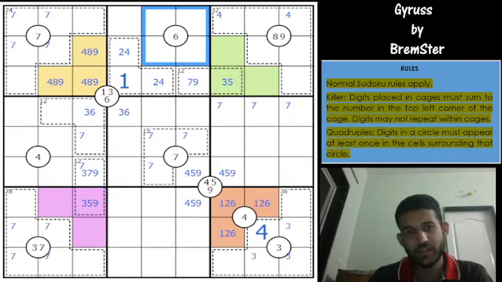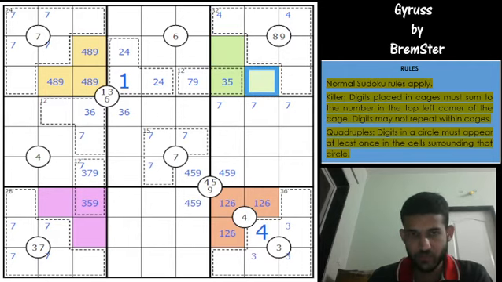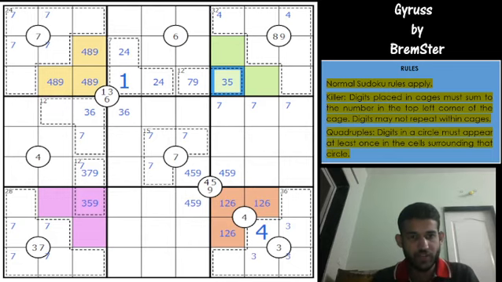I wonder why this 6 is given here. Okay, I'm not seeing anything interesting. 1 7. This would be 2 6, 5. So it's not clear at this point where to look for continuation.